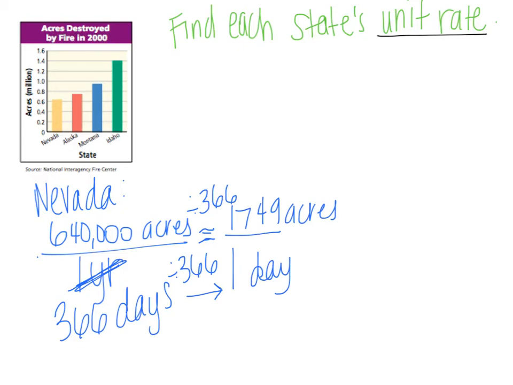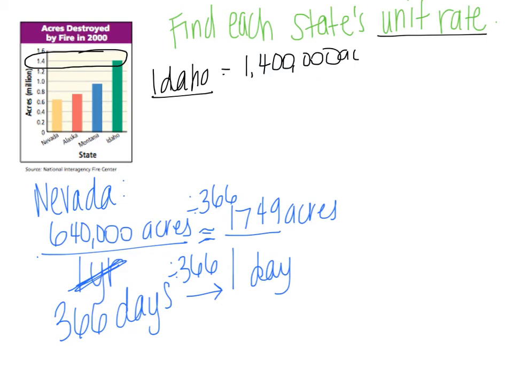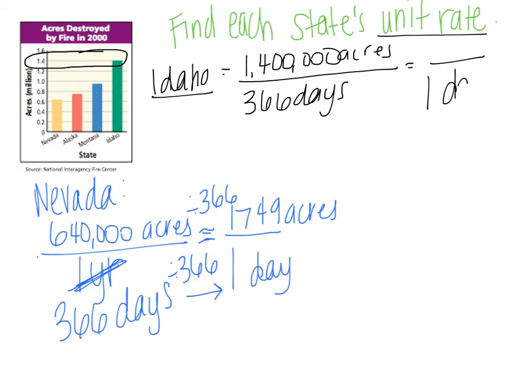So for Idaho, this is exactly at 1.4. So this is going to be 1,400,000 acres. Again, this is in 1 year, or 366 days. So what would be the unit rate in 1 day?